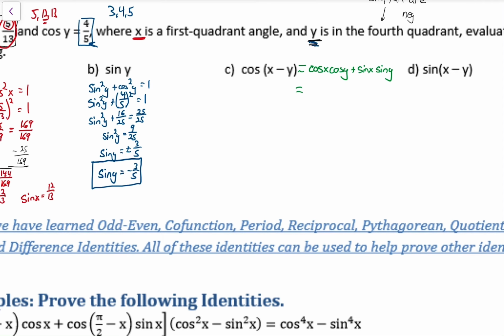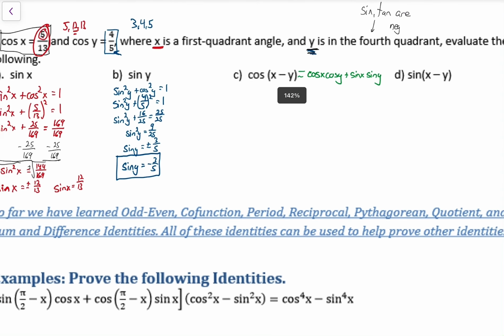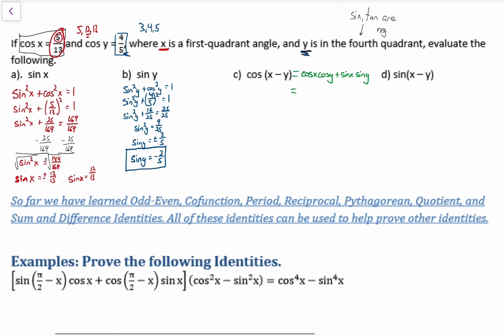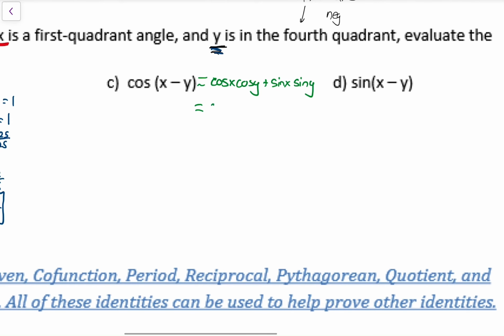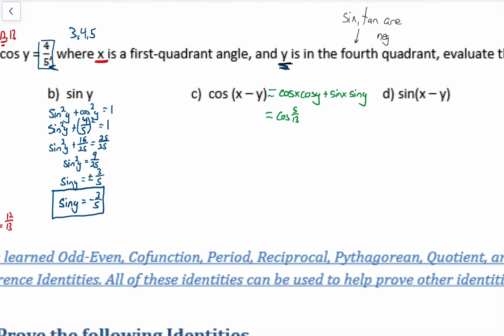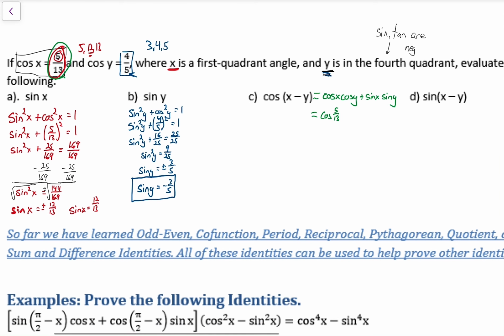Now, a lot of people make this mistake, and please don't make this mistake. They see cosine x and they look here, and for some reason, they'll write cosine of 5/13. That is not what that says. This says cosine of x equals 5/13. So do not put cosine of 5/13.